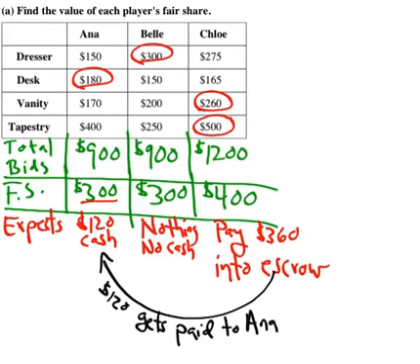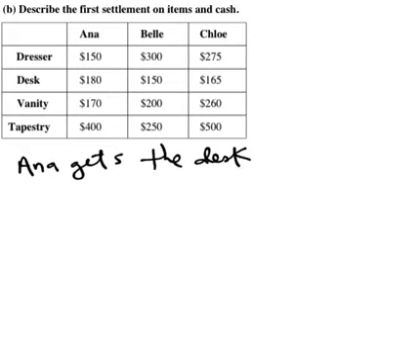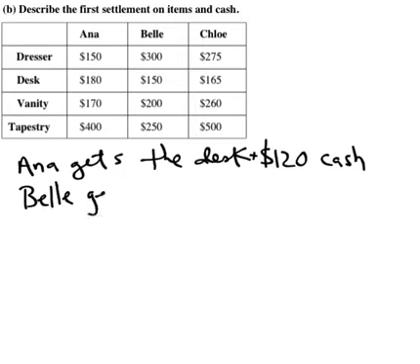So we can now describe our first round settlement. Anna gets the desk and $120 cash. Belle gets the dresser and no cash.